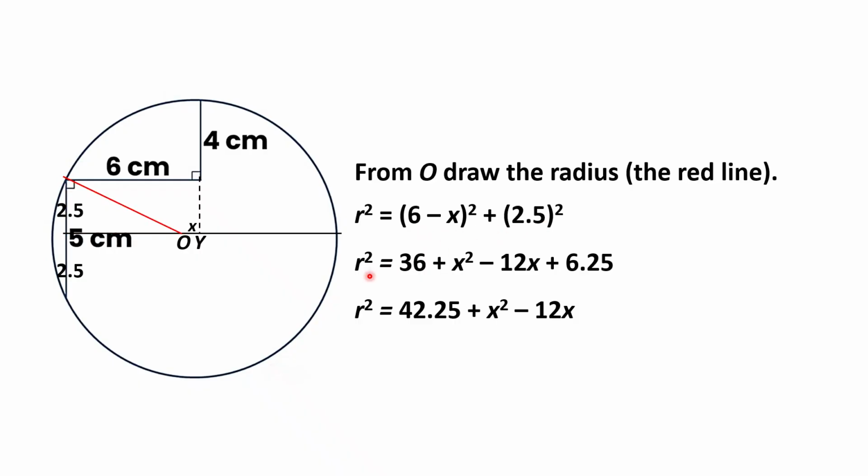That is r square equals 36 plus x square minus 12x plus 6.25, or r square equals 42.25 plus x square minus 12x. From this right angle triangle, by Pythagoras theorem, the base is 6 minus x, the altitude is 2.5 and the hypotenuse is the radius.